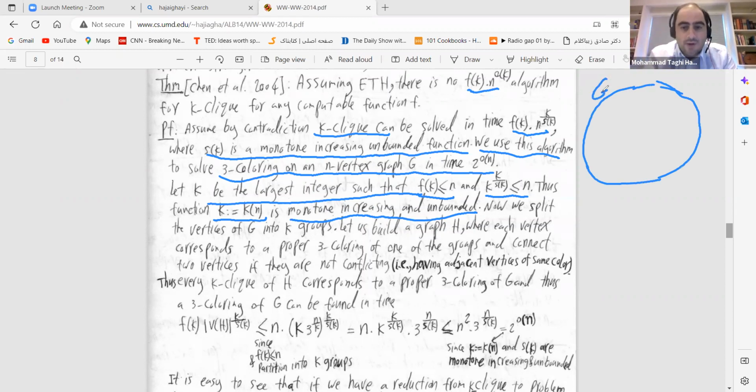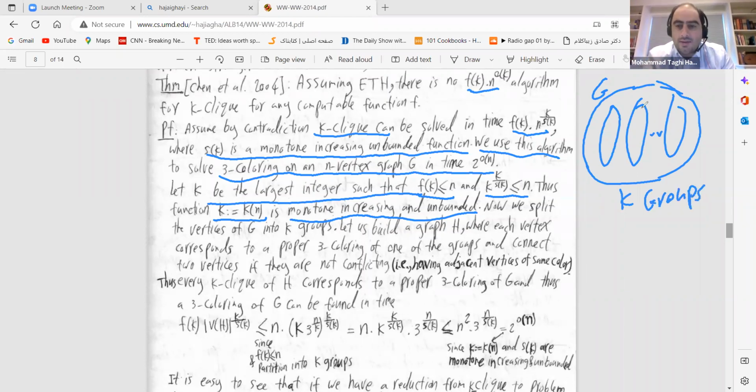Now, we split the vertices of G into k groups, and each of them has n over k vertices.